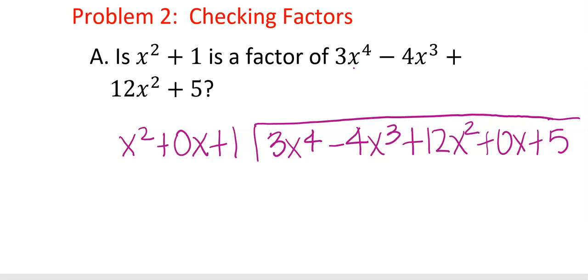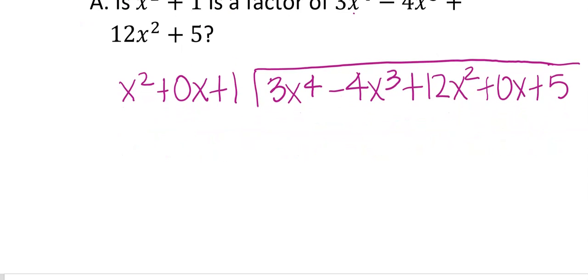So the thing with this one is we have 3 terms, but it doesn't make the process any different. It's going to be exactly the same as what we just did. I just don't have a lot of room on the side to put what we're dividing. So on the first one, we are dividing these 2. Okay, so what is 3x to the 4 divided by x squared?